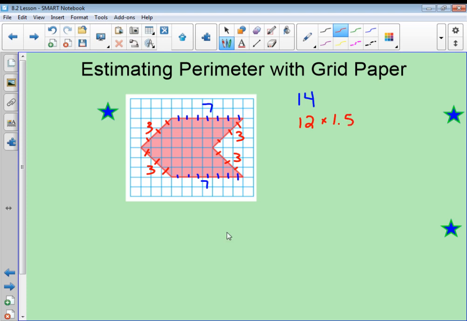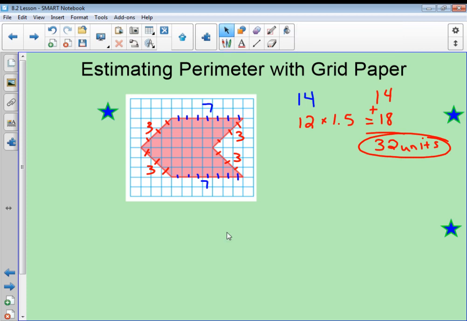So 12 times 1.5 gives me 18. And yes, you can use your calculator for that. Final step, we're going to add these together. So 14 plus 18 gives me 32. And we don't have a certain unit, so we're just going to say units.